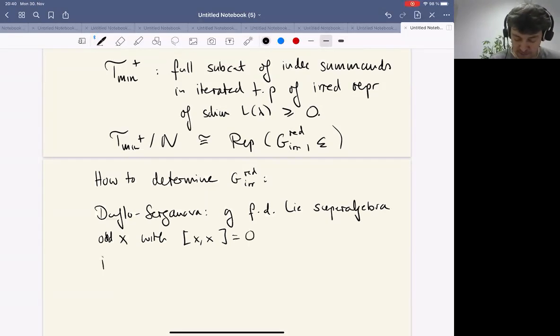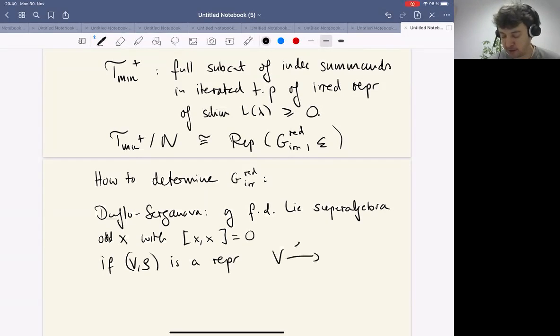And then if V, rho is a representation, you can look at the action of this X on V. And if you do it twice, then the vanishing of the commutator means that the composition is 0.